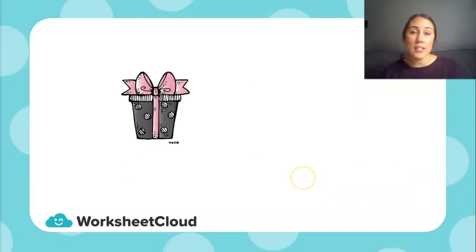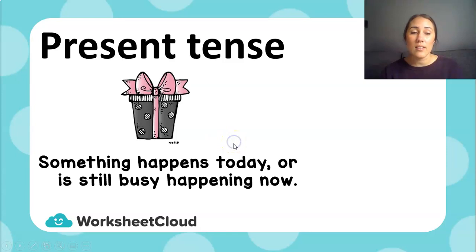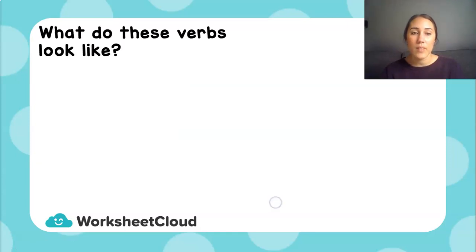So the first tense that we are going to look at is the present tense. Now the present tense is something that happens today or it is still busy happening right now in front of you. So you are watching the video. So it's happening now. It's still busy happening. So what do these verbs then look like?